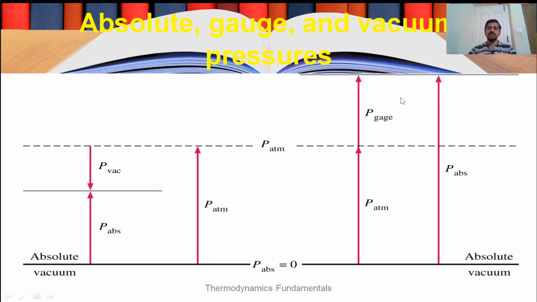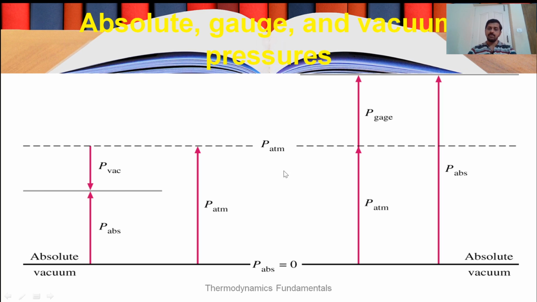Now, all these gauges, whether it is pressure gauges or vacuum gauges, are calibrated to measure pressure with respect to the atmospheric pressure. All these gauges are calibrated by setting zero pressure when the atmospheric pressure is attained, that is at the mean sea level.